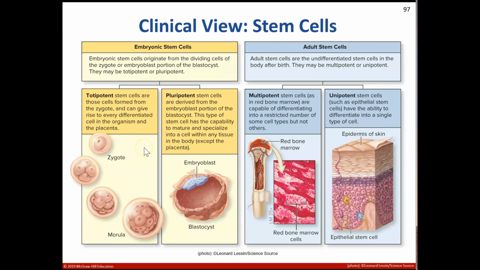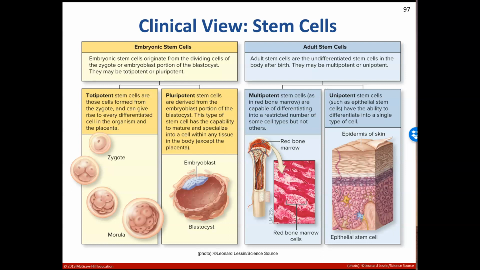So the totipotent stem cells are going to be the cells that are formed from the zygote and give rise to every differentiated cell in the organism and the placenta itself. And then our pluripotent stem cells are going to be derived from this embryoblast portion of our blastocyst.